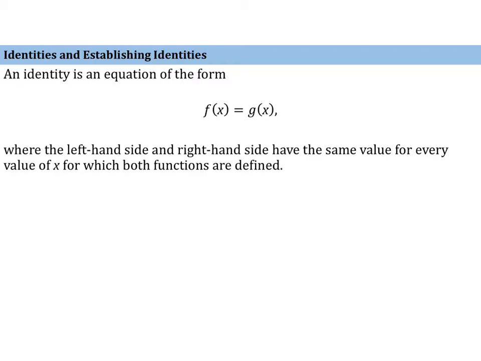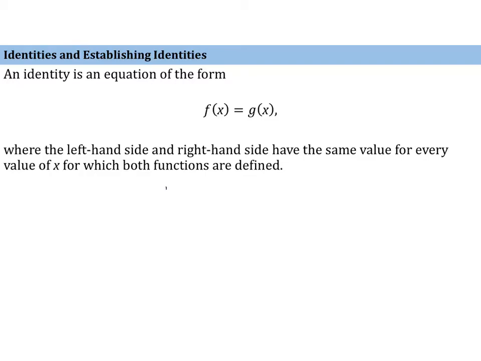An identity is a statement that the left-hand side of an equation and the right-hand side of an equation are identical for every admissible value of x. So how do we establish or verify an identity?